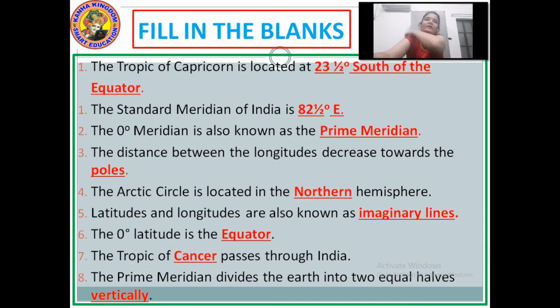The Tropic of Capricorn is located at 23.5 degrees south of the equator. Done. Next, the standard meridian of India is dash.